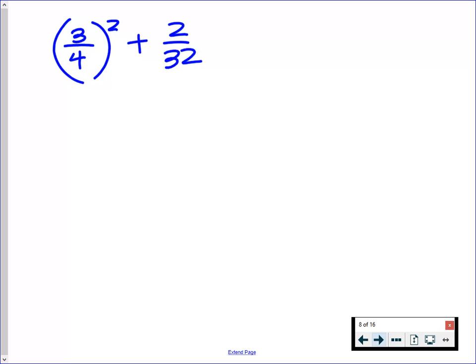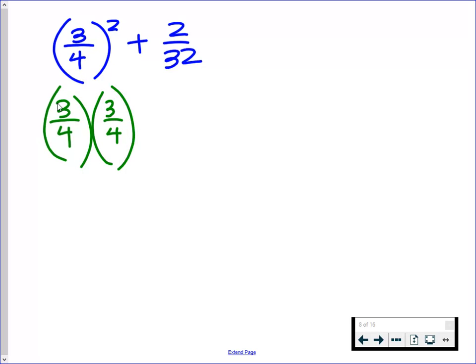The next two are, I will admit, a tiny bit scary, but not impossible. What's first, exponents or adding? Oh, exponents, you say? Stretch it out. 3 times 3 is 9. 4 times 4 is 16.